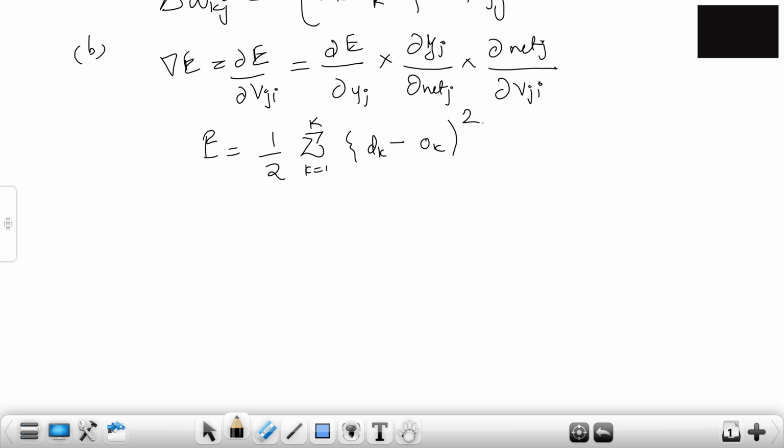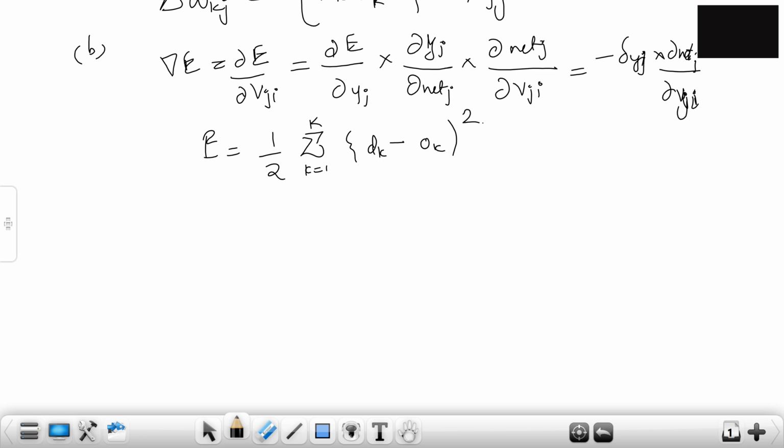So substituting the value of that, we can write this as minus delta_yj into ∂net_j upon ∂v_ji, like how we did previously.